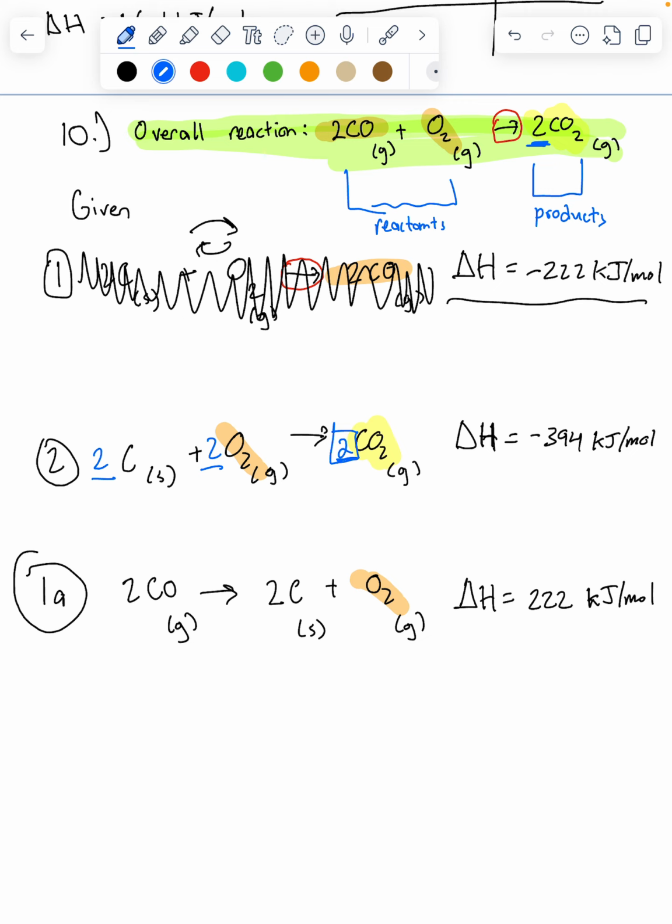Well, if I've doubled my amount of total particles, doubled my total amount of elements and compounds, that itself is going to double my total energy. So let's multiply 394 times 2, giving me negative 788 kilojoules per mole.